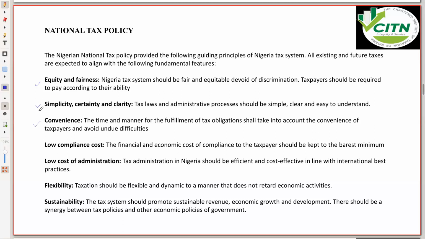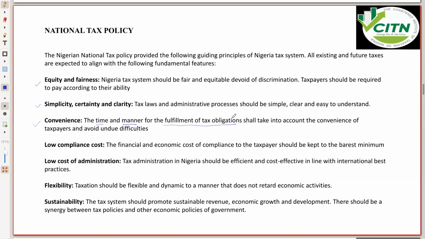Thirdly, it should be convenient. When we say convenient, there are two things that are expected: one is time, and the second is the manner for the fulfillment of the tax obligation, which should take into account the convenience of the taxpayer and avoid undue difficulties.